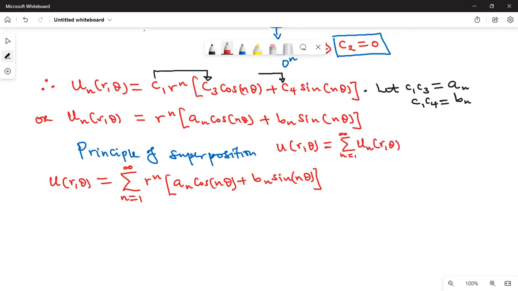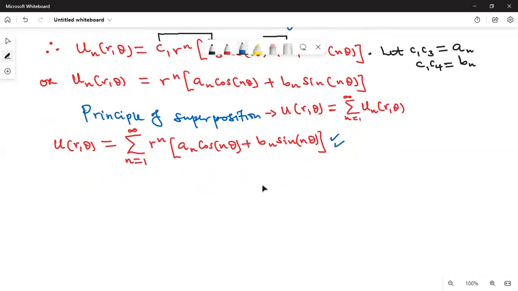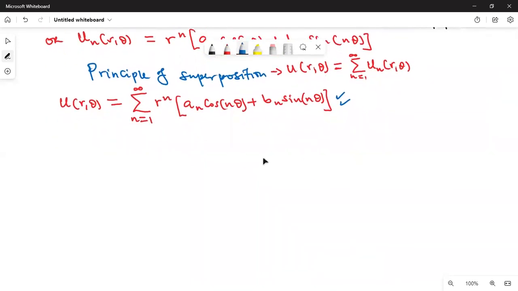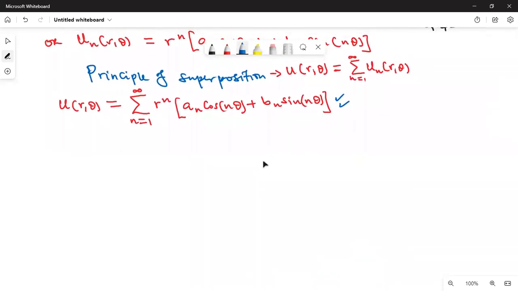That is the principle of superposition. And if I replace the u_n of r theta, we get this equation that I've written down here. So now, from that equation, we can apply the other boundary condition.